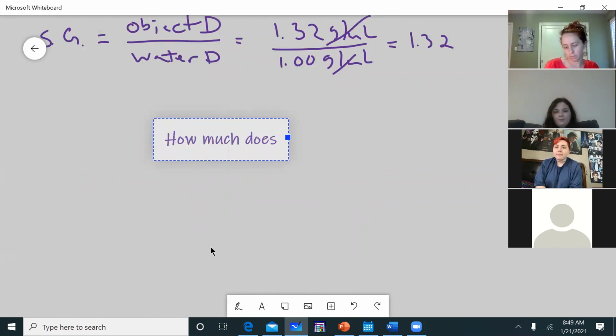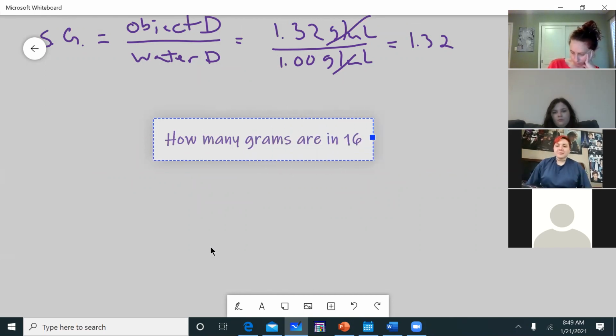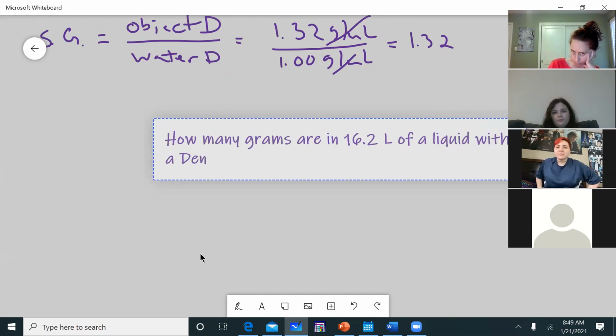How many grams are in 16.2 liters of a liquid with a density of 1.87 grams per centimeter cubed?